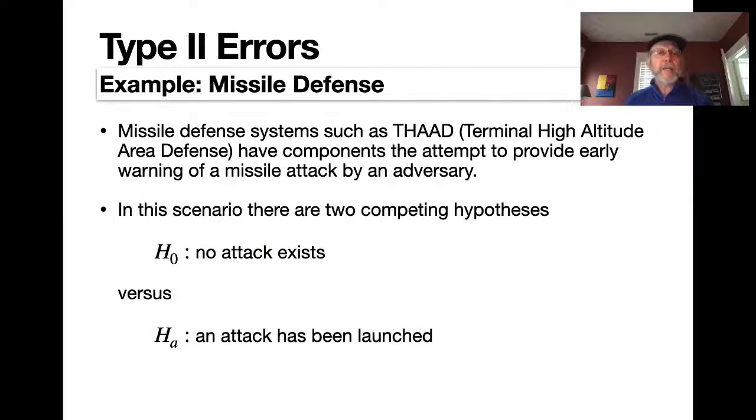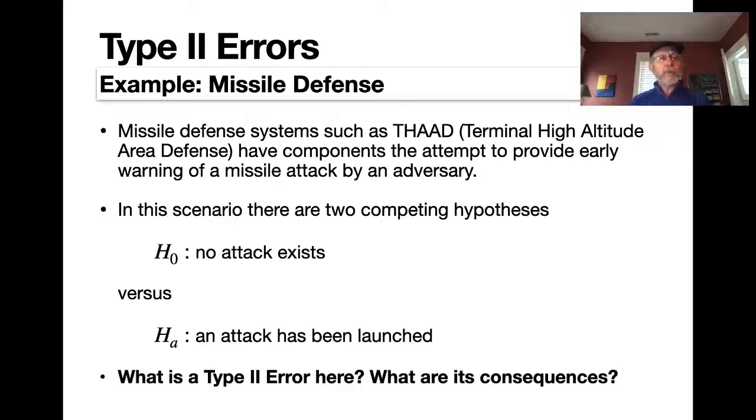Let's see how this plays out in our missile defense example. Again, we have our null hypothesis that no attack is imminent, no attack is underway, versus the alternative that an attack has been launched. So what's a type 2 error here, and what would be its consequences? Well, a type 2 error is failing to reject the null hypothesis when in fact it's false.